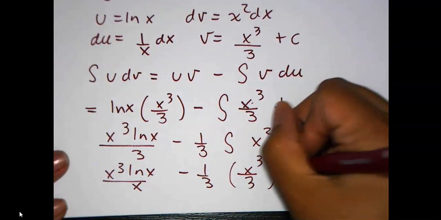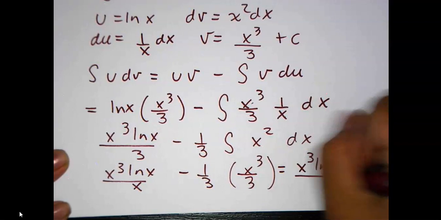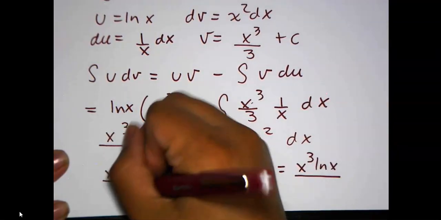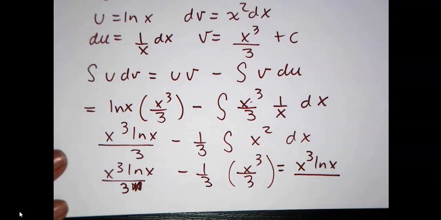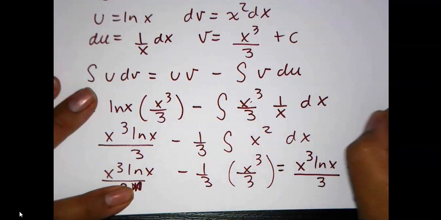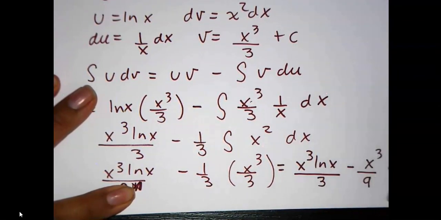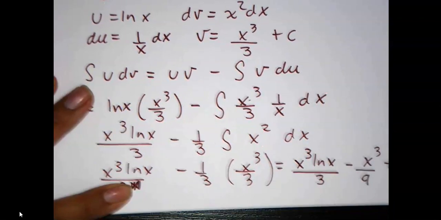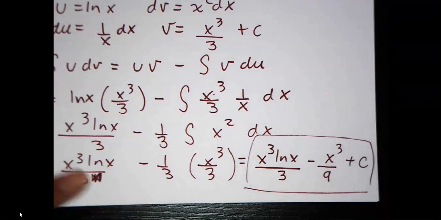So my last will be x to the 3rd power natural log of x over 3, I am so sorry, I got carried away with the x's. Minus x cubed over 3 times 3, which will be 9. And plus c to make it general. Okay? And that will be my integral.